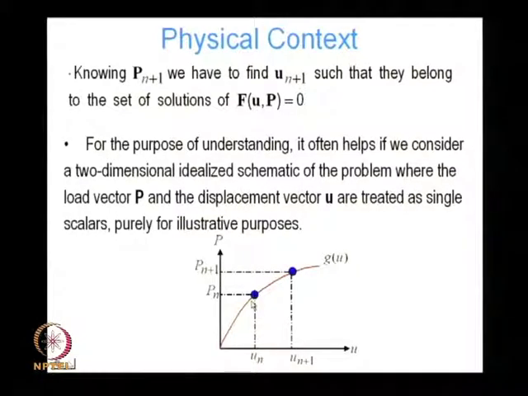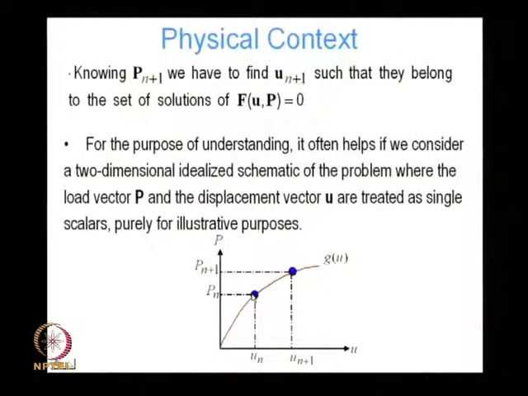And then we decide to increase the load from Pn to Pn plus 1, and we want to find the displaced configuration Un plus 1 which results in equilibrium. So, we want to find this blue spot, which is my next equilibrated state.